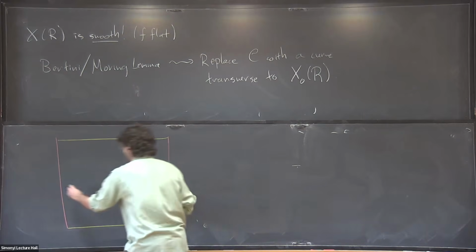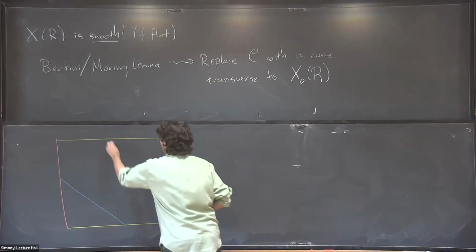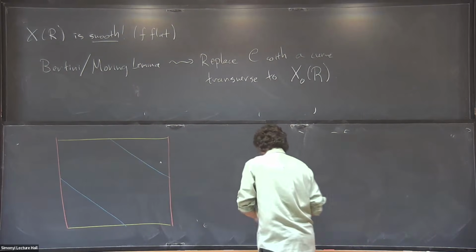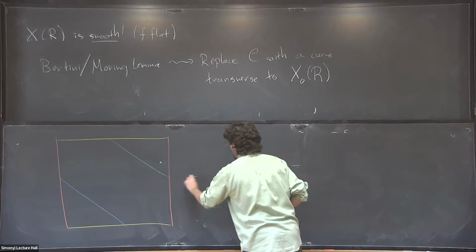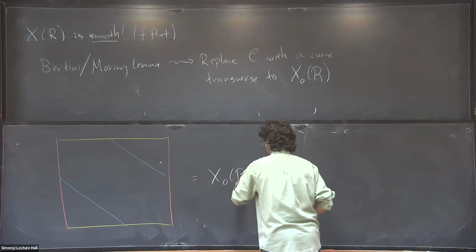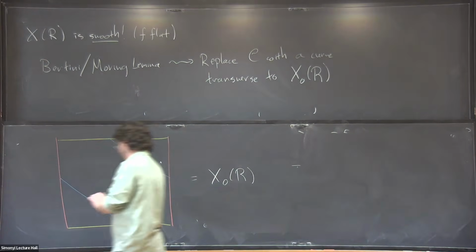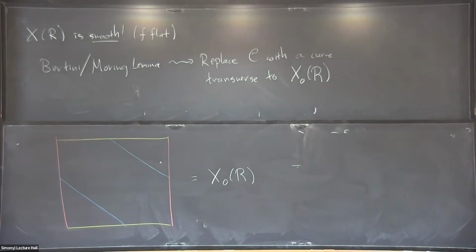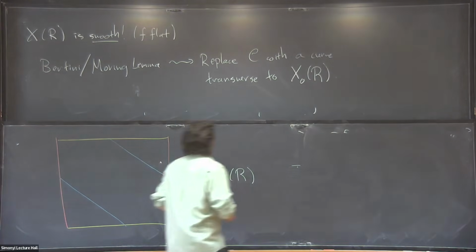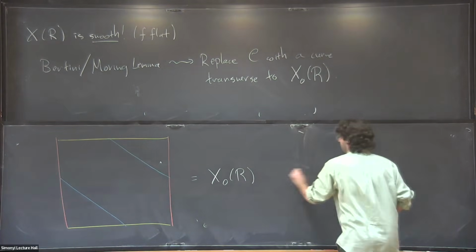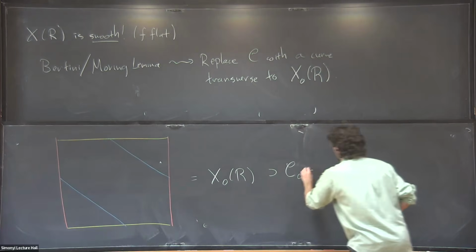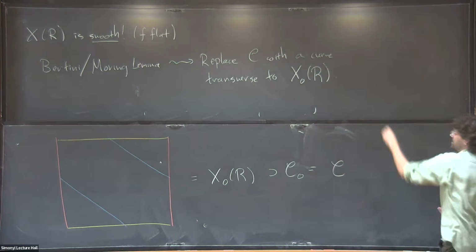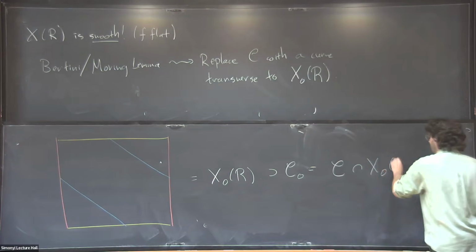The indexing of the colors changed. Okay, so this was our toy picture of the central fiber in the case of our theta matroid. And now we have C naught contained in this central fiber, which is our replacement intersected with the central fiber.